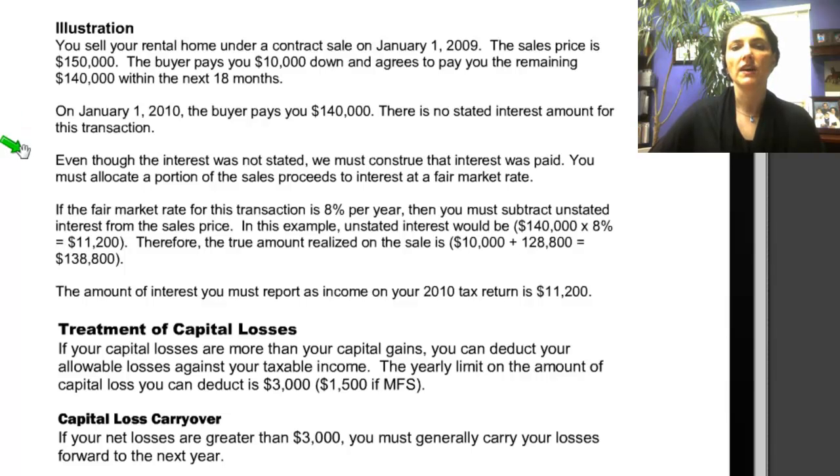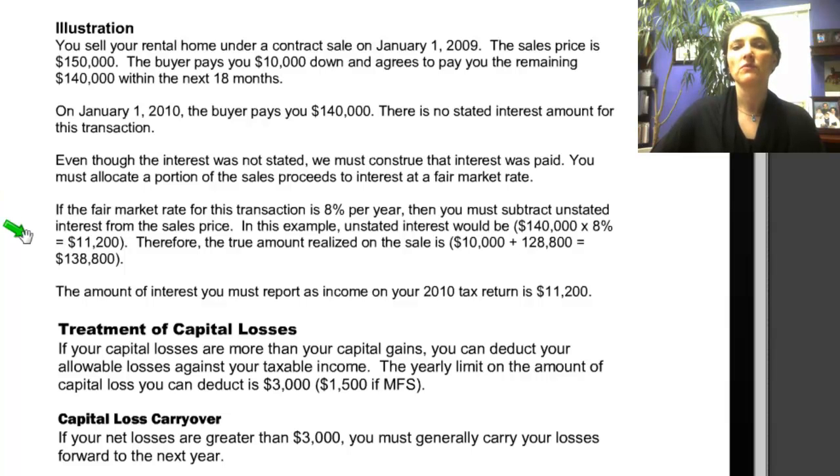Even though the interest was not stated, we must construe that interest was in fact paid. You must allocate a portion of the sales proceeds to interest at a fair market rate. If the fair market rate for this transaction is 8% per year, then you must subtract unstated interest from the sales price. In this example, unstated interest would be $140,000 times 8%, which is $11,200.